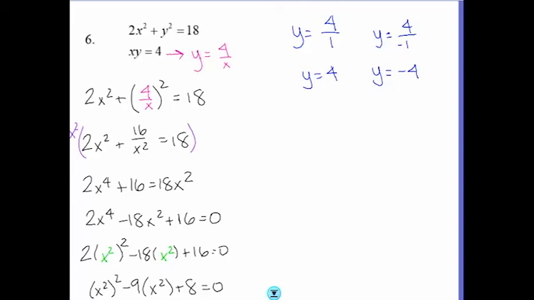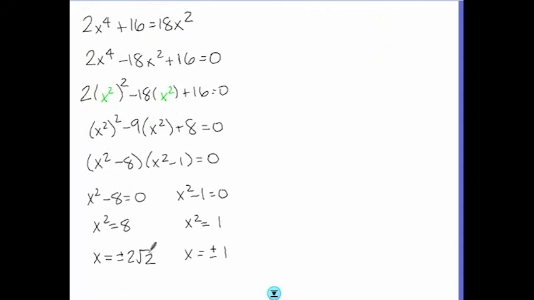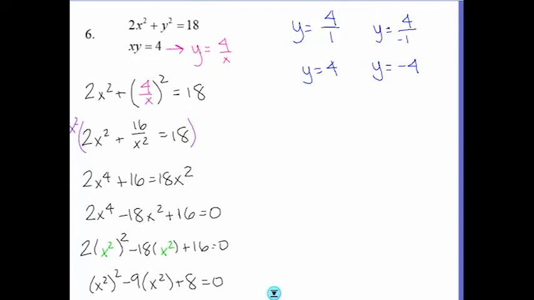Then I need to plug in plus or minus 2 square root of 2 for x. So if I have y equals 4 divided by positive 2 square root of 2, and y equals 4 over negative 2 square root of 2. I've got quite a bit of simplifying that I need to do here. First, I can simplify the 4 over 2.